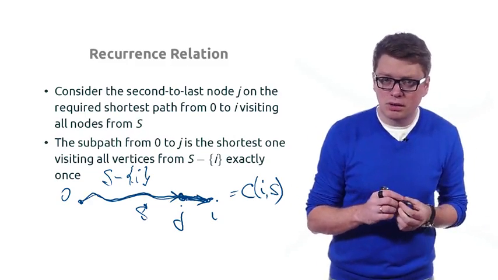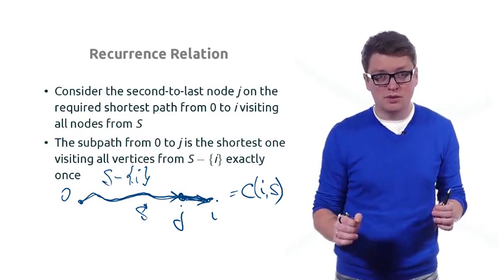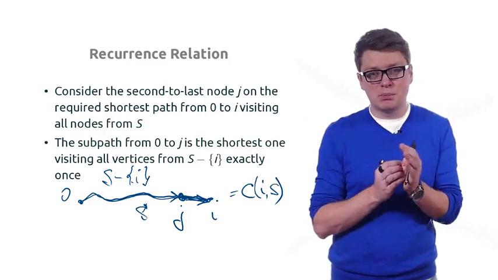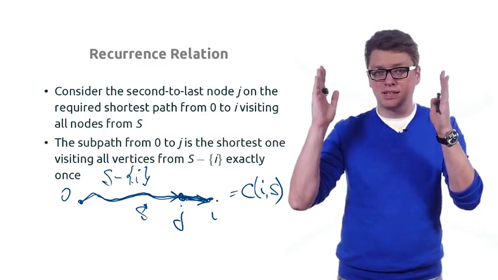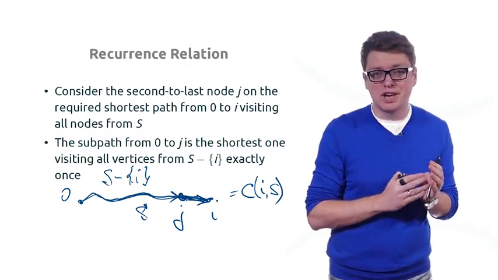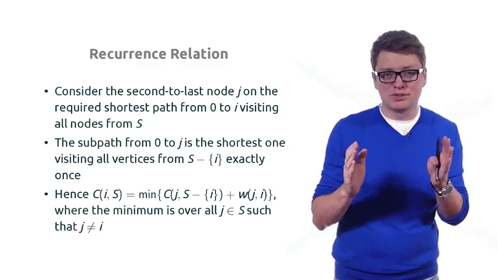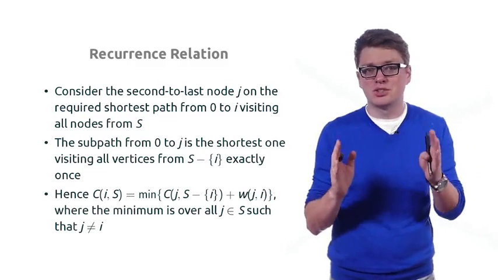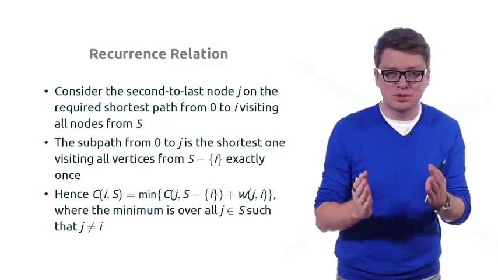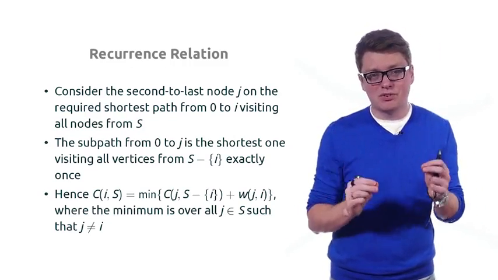Okay? So the only problem is that we actually don't know the value of j, right? For an optimal path starting from 0 and ending in i, there could be several potential values for j. But that issue is going to be solved in an easy fashion. So we are going just to enumerate all possibilities for j. And this finally brings us to the following recurrence relation.